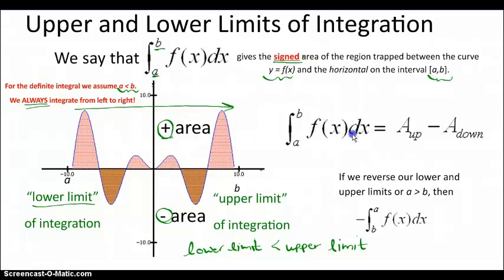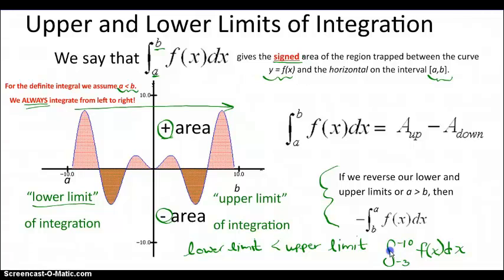All right? If, for whatever reason, our limits are given to us in the opposite order, let's say they ask us to integrate from -3 to -10. Well, moving along the x-axis from left to right, we're going to hit -10 before we're going to hit -3.